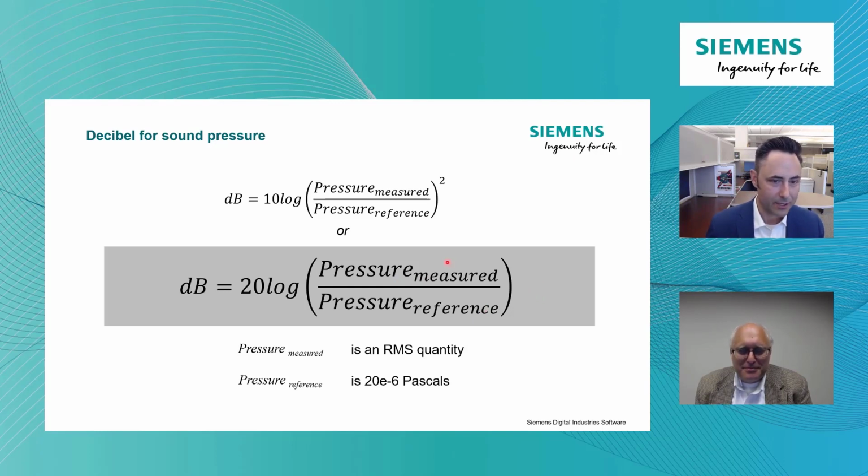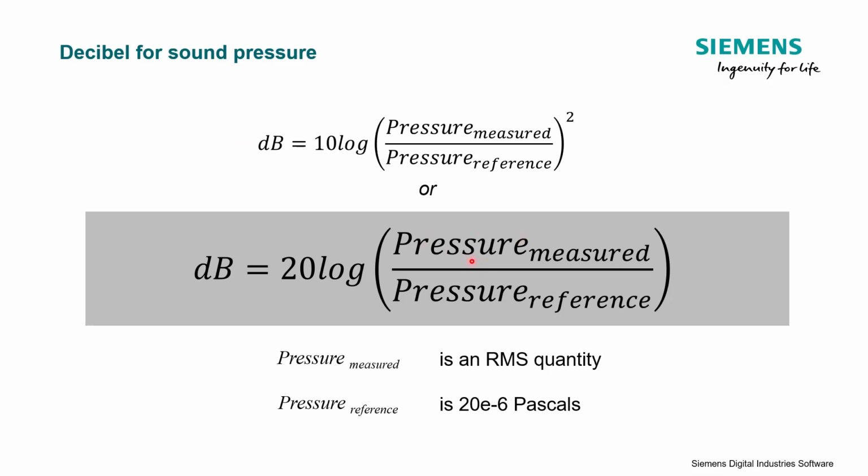I should be using my laser pointer, particularly for you who can't see me or my video feed here. But you're right. We're making a measured pressure up here. We divide that by a reference pressure, take the log of that ratio, multiply by 20, and that's our decibel. Now you notice in this equation, we're always talking about this pressure that we're measuring as an RMS quantity, so it's important to understand it's not a peak or a peak-to-peak value, it's an RMS.